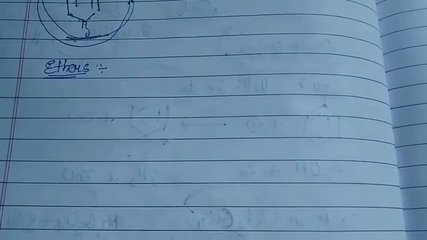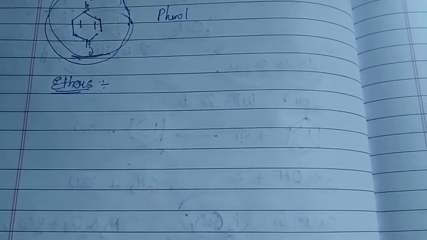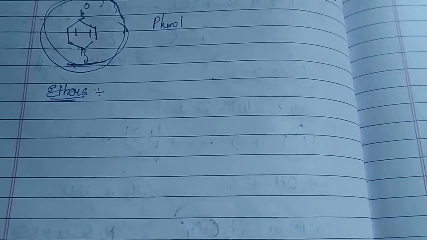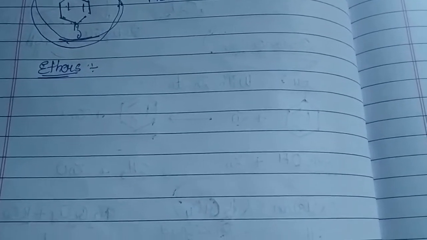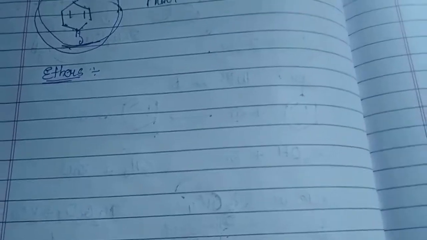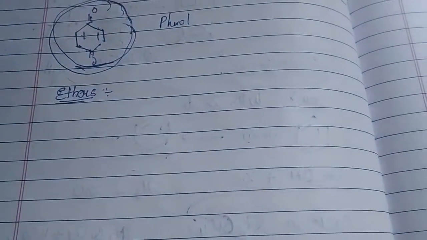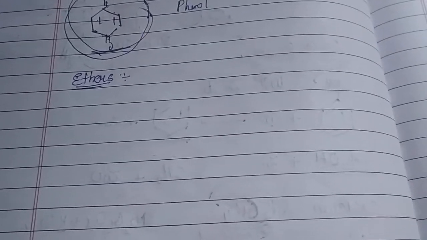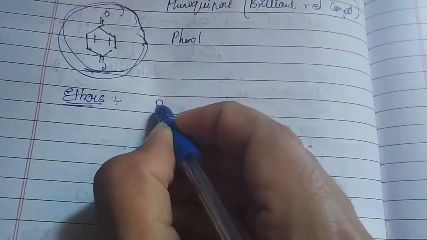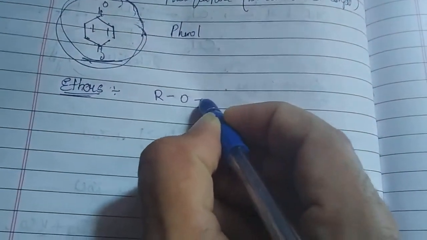In the previous videos we have dealt with alcohols and phenols, and we came to know that for an organic compound to be called an alcohol, it should have the functional group OH. Similarly, when we talk about ethers, do remember their general representation is ROR.